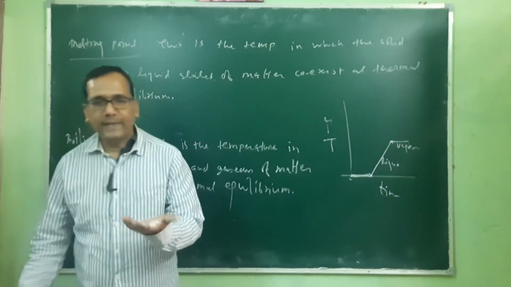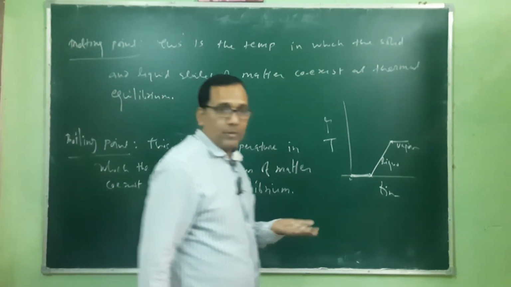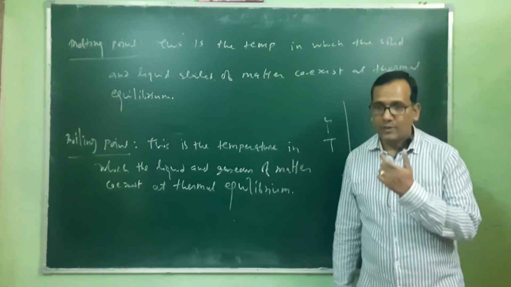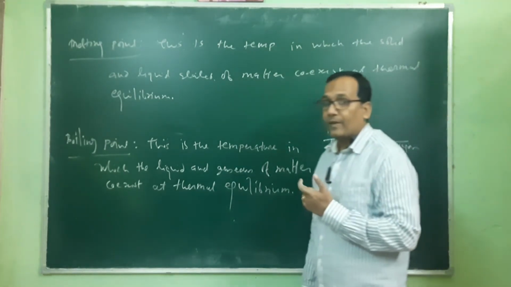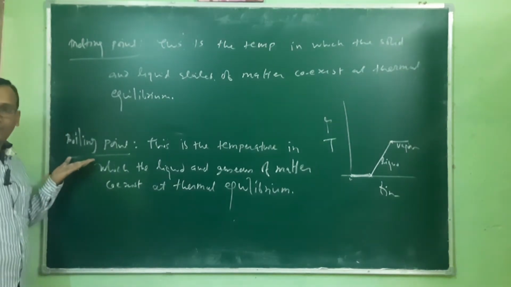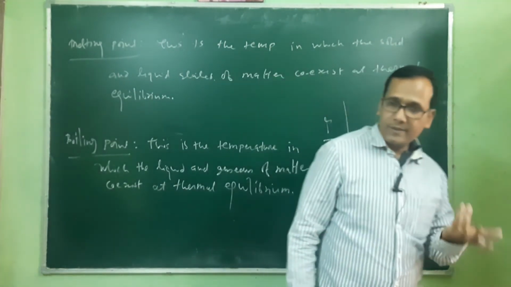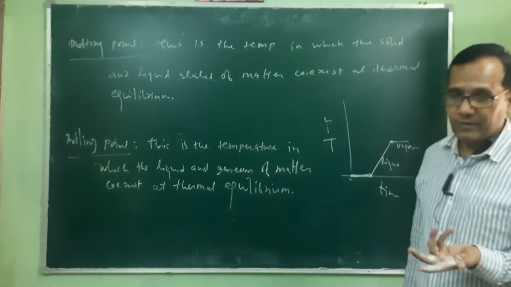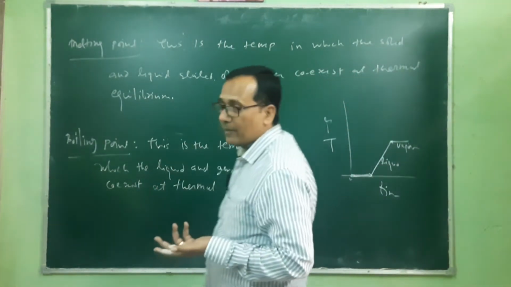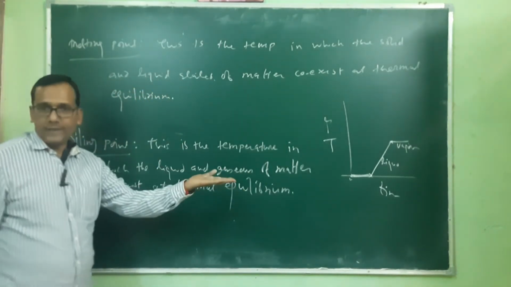So the melting point is that temperature where solid and liquid coexist at thermal equilibrium. The term thermal equilibrium should be mentioned clearly. The second is the boiling point. For example, for water, 100 degree centigrade is the boiling point, and the melting point is 0 degree centigrade.